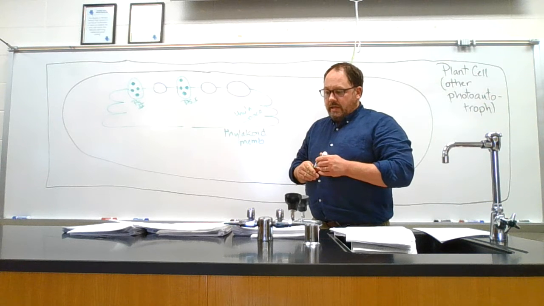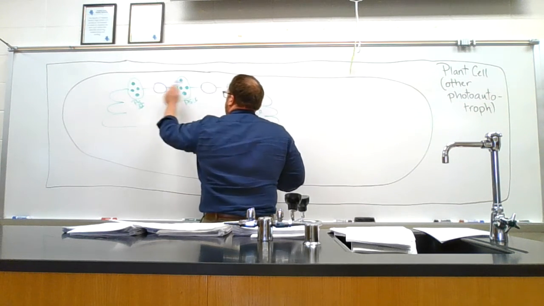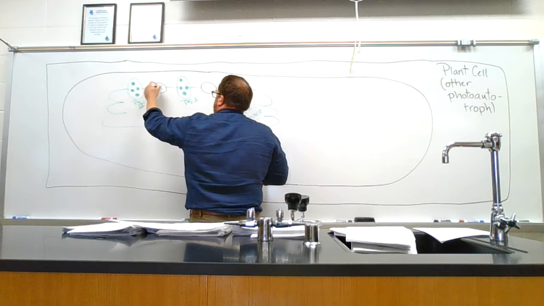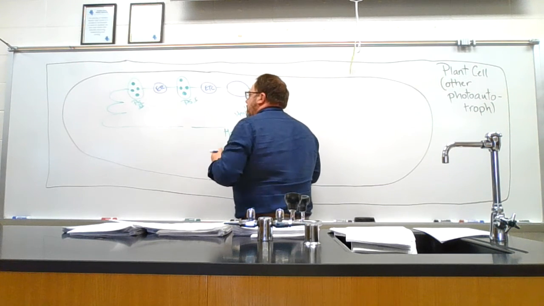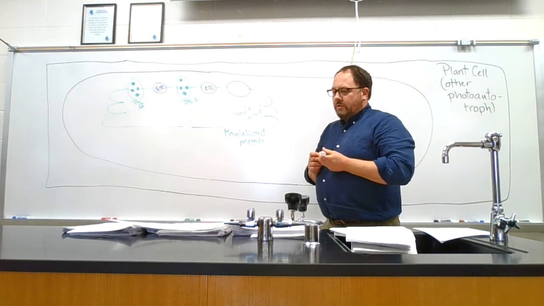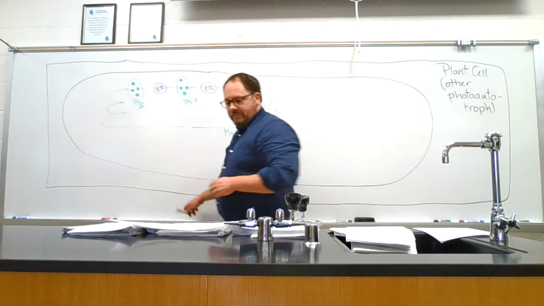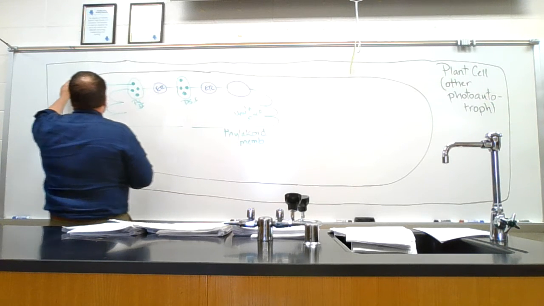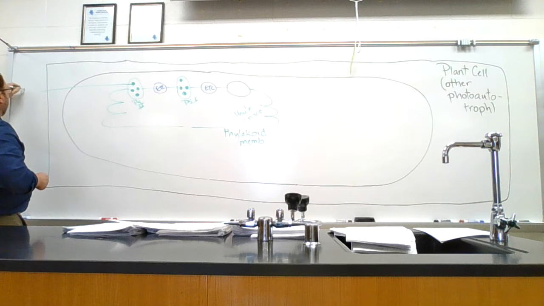Okay. Now, these first 2 blue structures that we see here, these are going to be electron transport chains. So they shuttle electrons along. Okay. And let's look at what these green dots represent. These green dots represent, I'll just put it out here because I've got space, chlorophyll.